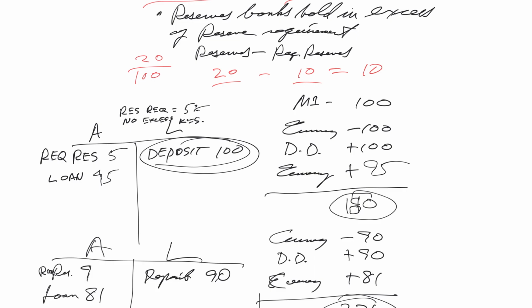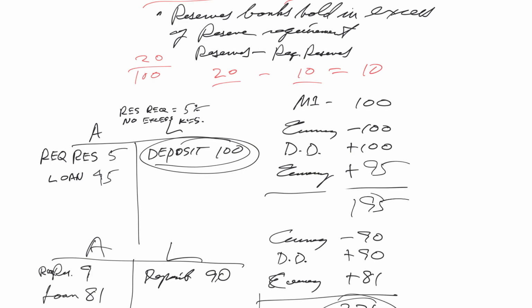So instead of growing only to 190 the first time when it's a 10% reserve requirement, and 180 when it's 20%, it's now going to be 195.